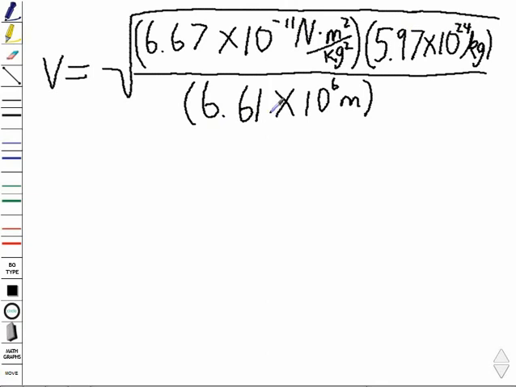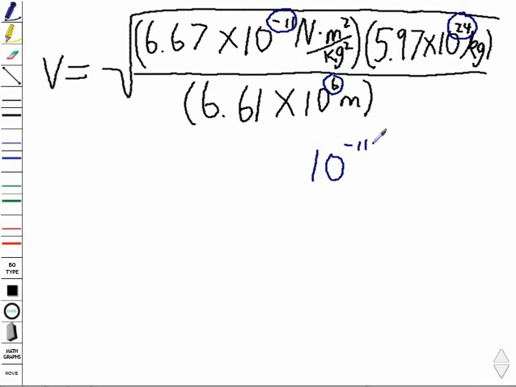And one thing we can check here is our exponents. So to know if I'm doing this correctly, if I look at my exponents, I've got 10 to the negative 11th power here, 10 to the 24th power here, and 10 to the 6th power here.